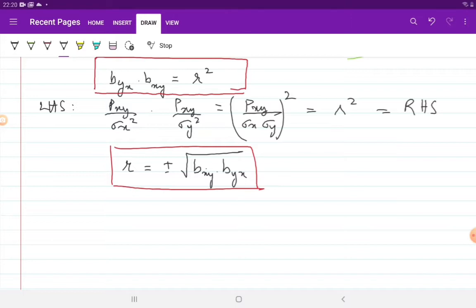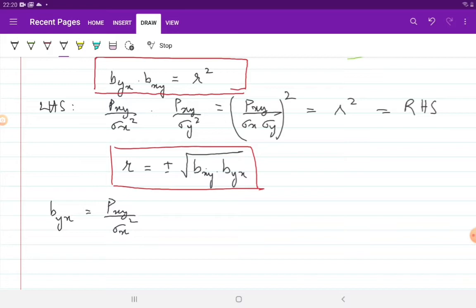So we know that the regression coefficient of y on x, byx, is your pxy divided by sigma x square. Remember, we are always writing the variance of the explanatory variable in the denominator.